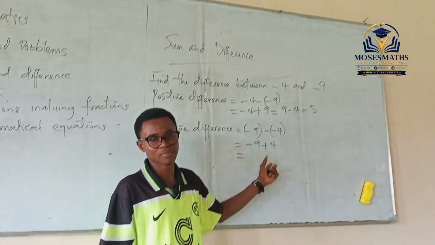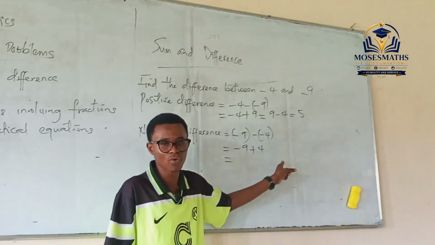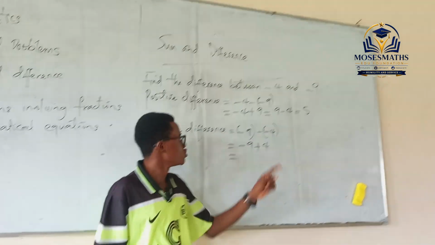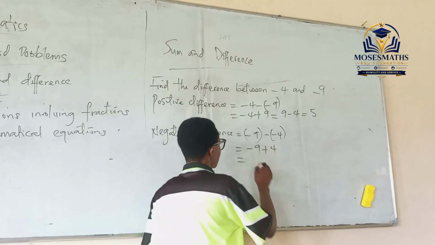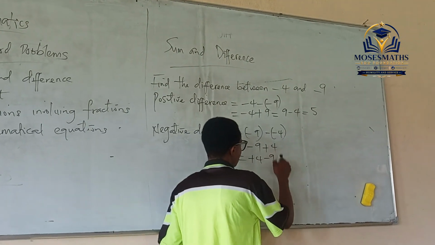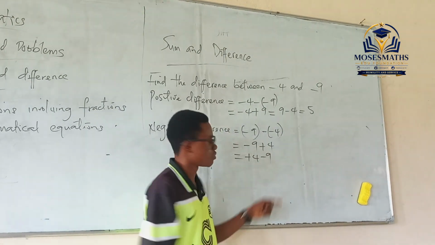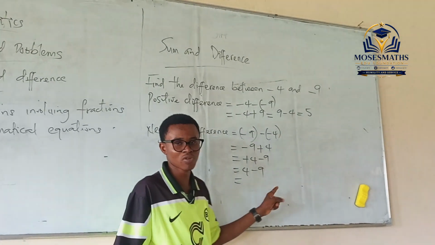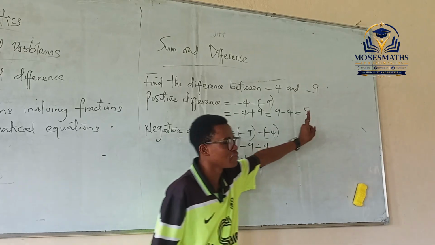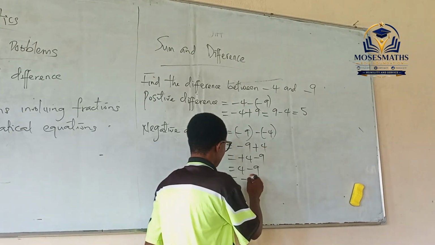But now, minus 9 plus 4, I bring this positive one here first and the other one the other side. So I have plus 4 minus 9. 4 minus 9 is going to give you negative 5.